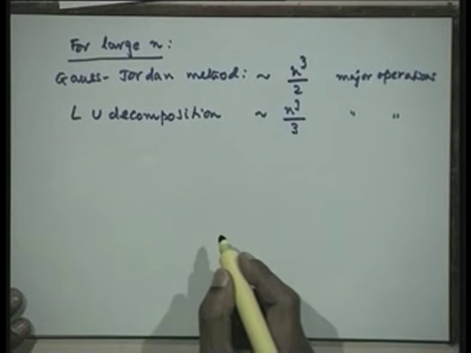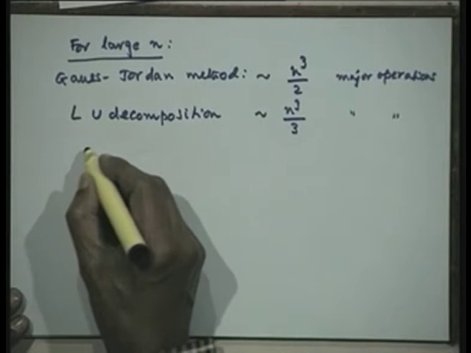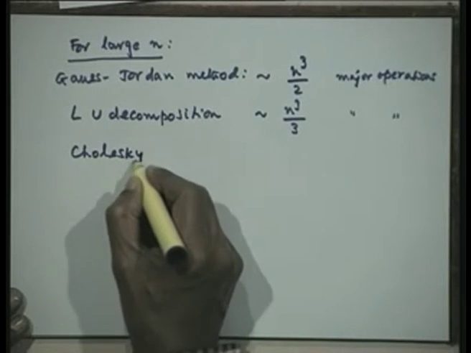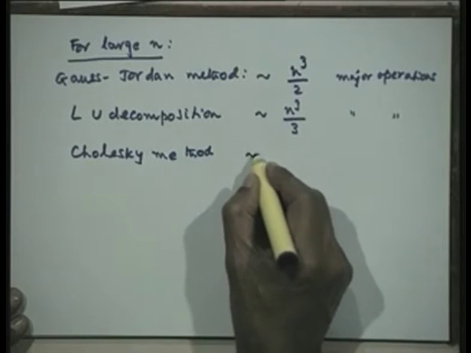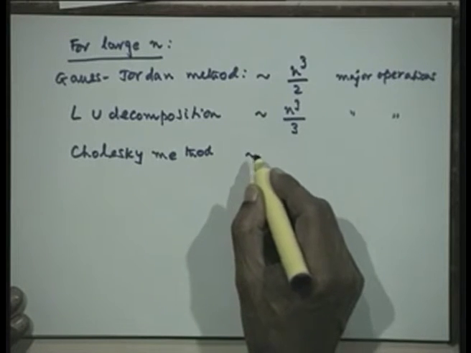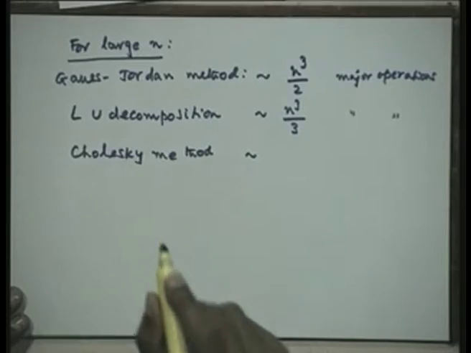The other method that we have given is the Cholesky method, that is the LL transpose decomposition. Now, here we would like to take advantage of the symmetry of the matrix, both in the computations as well as in the storage.